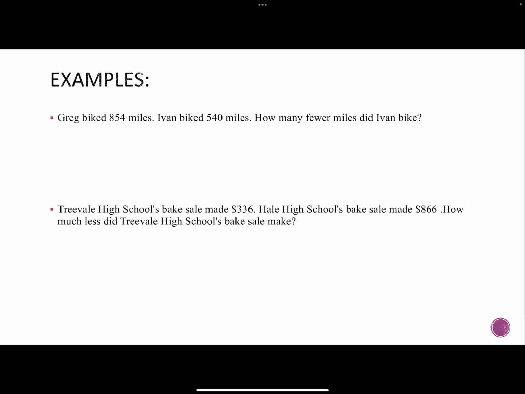So Greg biked 854 miles, and Ivan biked 540 miles. How many fewer miles did Ivan bike? So Ivan biked less miles. Fewer, that keys me in like subtraction, right?